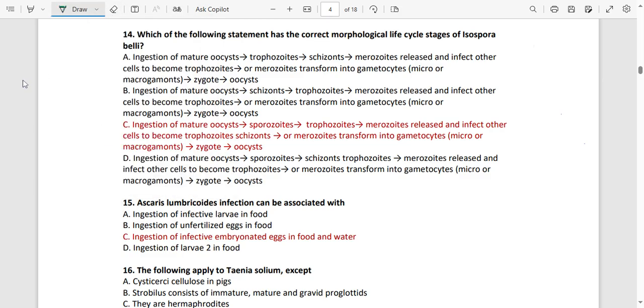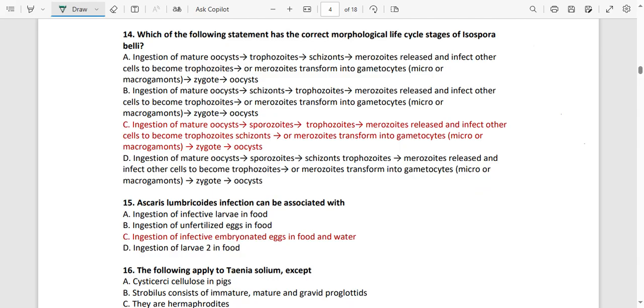For this guy, different from crypto where the habitat is the large intestine, the small intestine, the appendix, the respiratory system, the rectum, the habitat for Isospora belli is basically the intestinal mucosa, and you are going to find it intracellular, specifically in the jejunum or the duodenum.